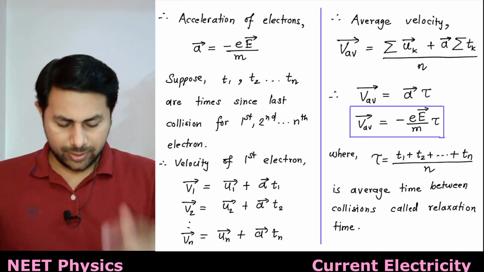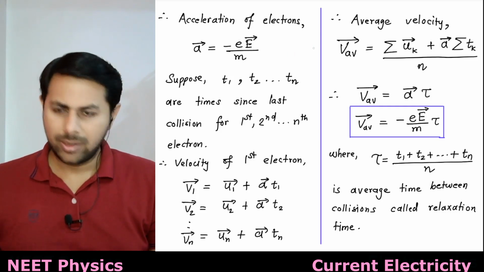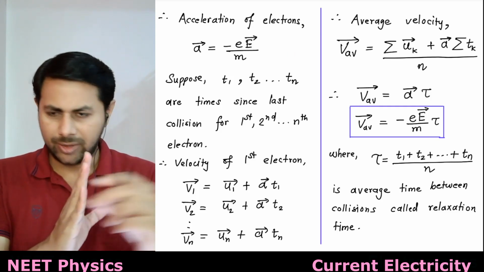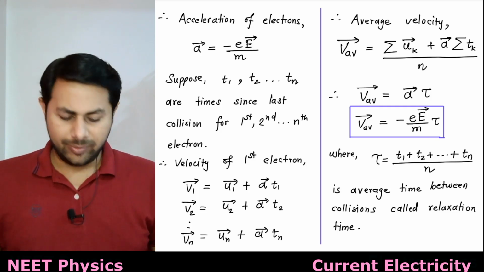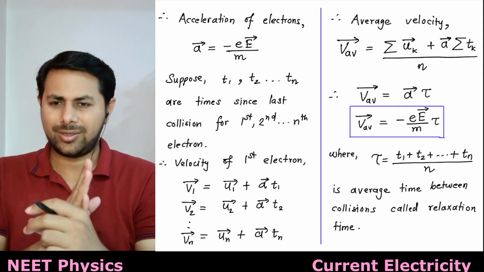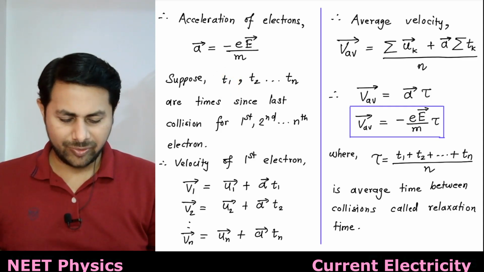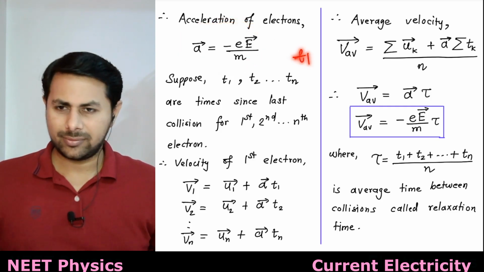So the first electron is moving with velocity u1, and then it collided with some atom a time t1 ago. So for how long is it accelerating with this acceleration? For time t1 we can say, right?